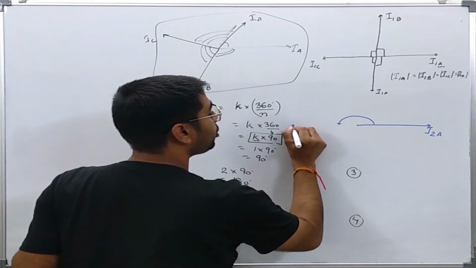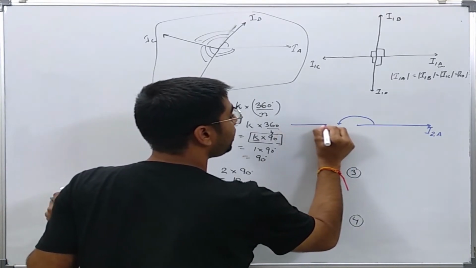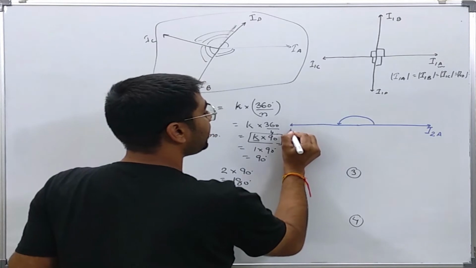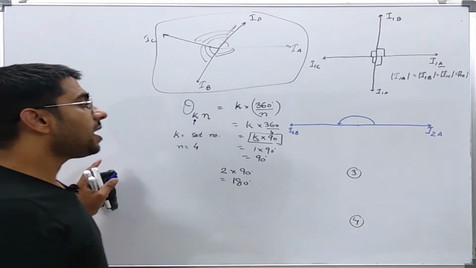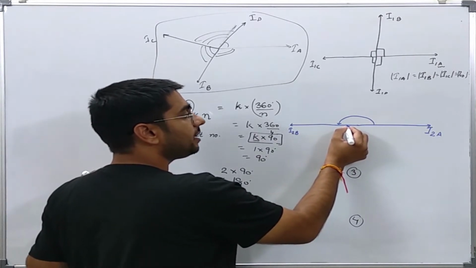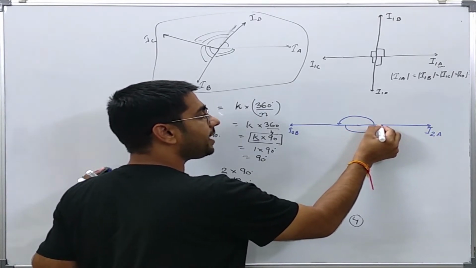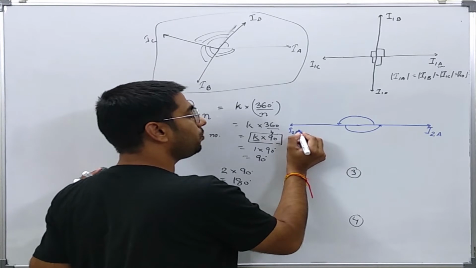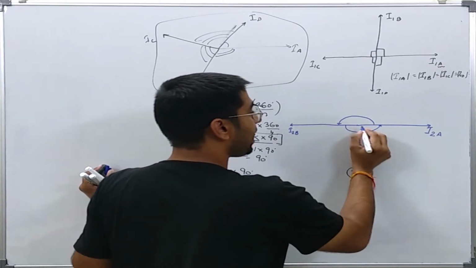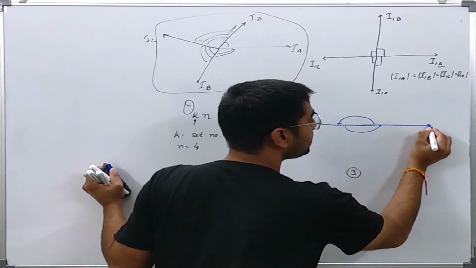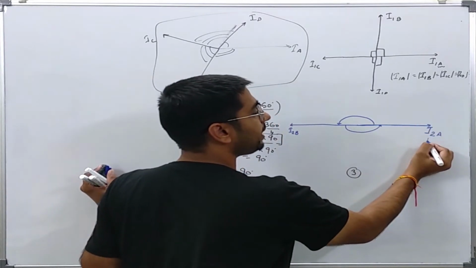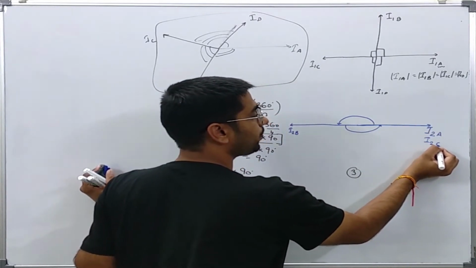So I2B will be this phasor. Okay, now I2C will be having a phase difference of 180 degree with respect to I2B. So again I2C will be the same phasor as I2A. So it is I2C also.